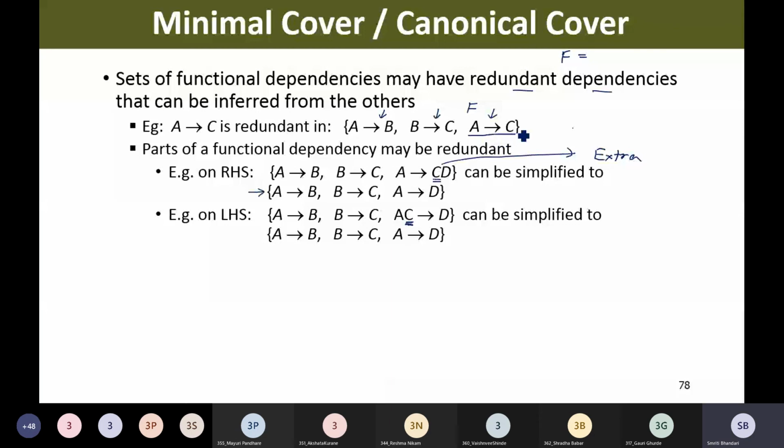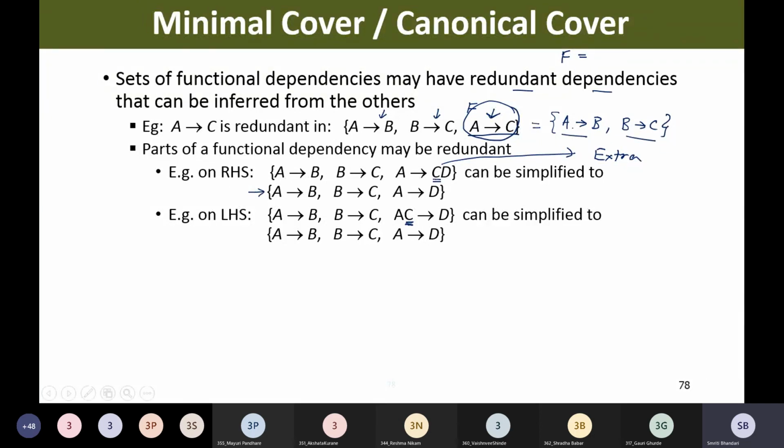But now, as I stated, this functional dependency A to C is redundant. We can infer it from A to B and B to C. So if I have this redundant functional dependency, there is no need to test it again. If I omit such redundant dependencies from my original set F, then I may come up with a simplified set of functional dependencies.